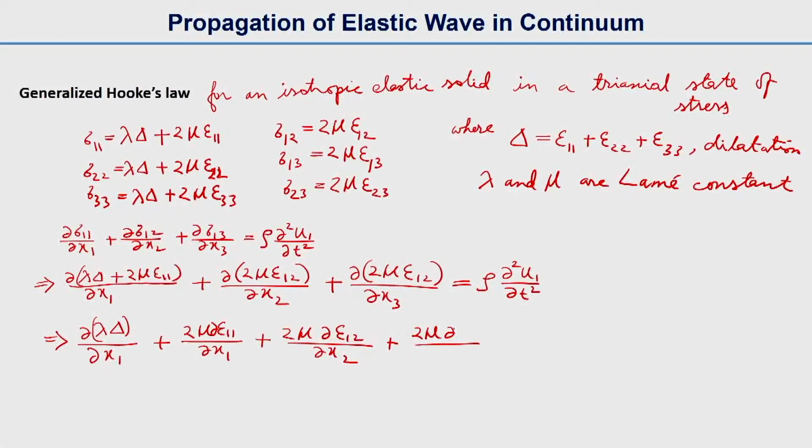As you can understand, mu is a material constant, so that comes out of the partial derivative, and that will be equal to rho second partial of u1 with respect to t. Sorry, I have mistakenly written this as epsilon 1 2. This should be epsilon 1 3. Here also it should be epsilon 1 3, not 1 2.